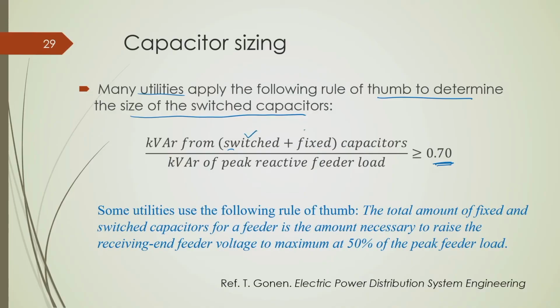And in that capacitor bank, of course, some percentage will be switched capacitor and some percentage will be fixed capacitor. This is a thumb rule, that does not mean that every time it should be 70% only, but it could be any value depending upon the network structure, depending upon the economy of the system, and depending upon many factors.